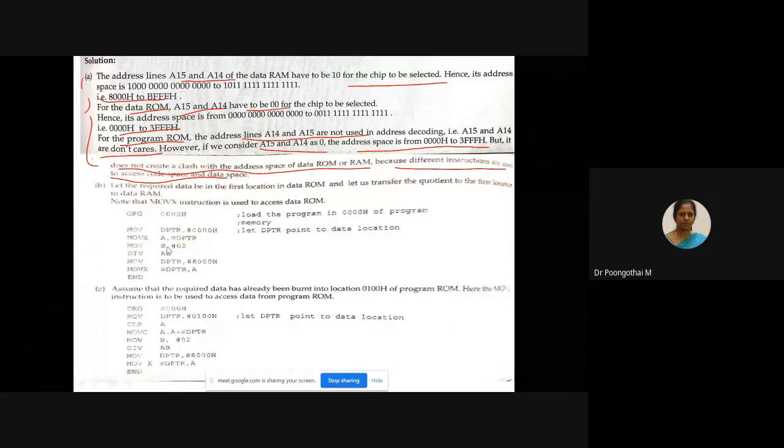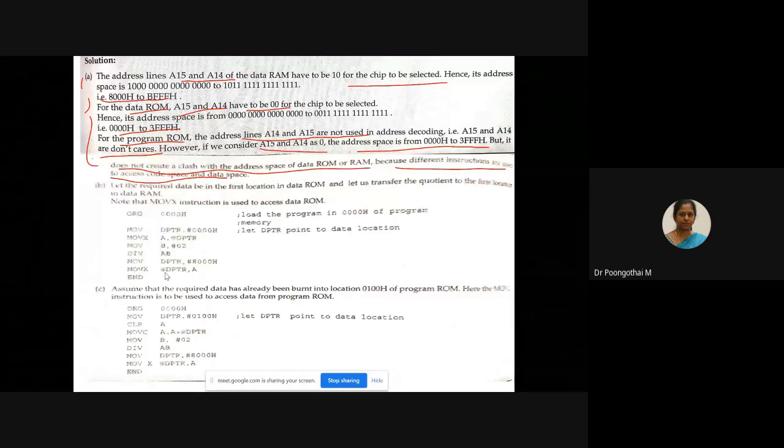that value by 2. According to the problem statement, we have to divide the number by 2 and save the quotient in data RAM. So what is the address of data RAM? 8000. So initialize DPTR with 8000 and move that value into our DPTR. In this way, we can transfer the data from one memory IC to another memory IC based on address decoding. Is that clear? Your first location in data ROM is 0000, so your DPTR is pointing to 0000.